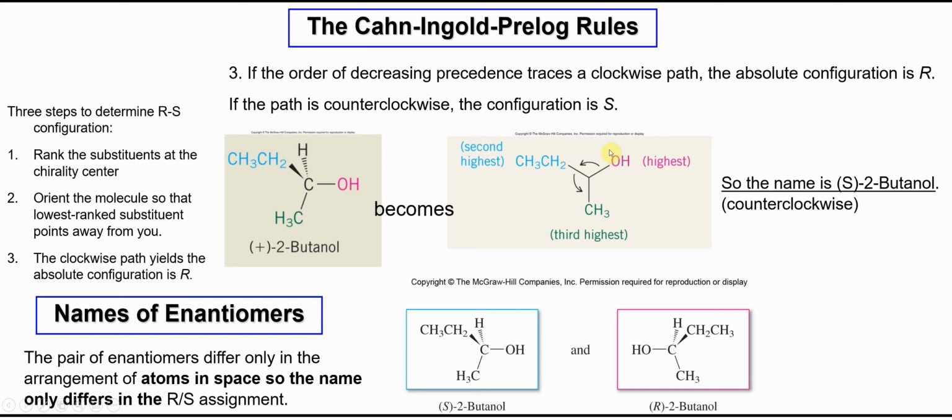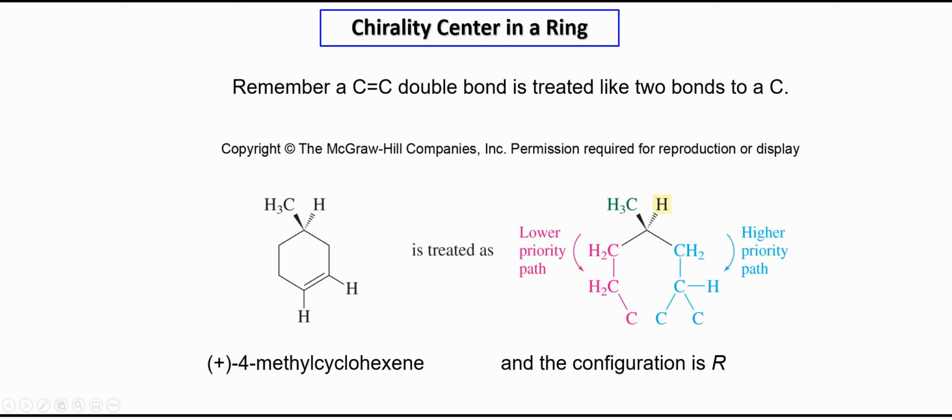Therefore, you trace it from OH to ethyl to methyl, and you figure out this is counterclockwise. Therefore, you call it S-2-butanol. Normally you put your R or S configuration in parentheses, italicize it, and use a capital letter to represent it. So this is about the nomenclature or determination of your RS configurations.